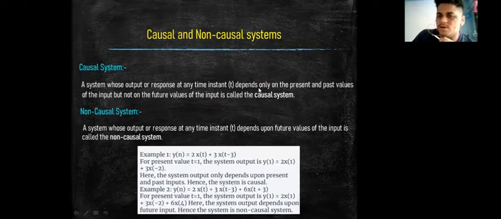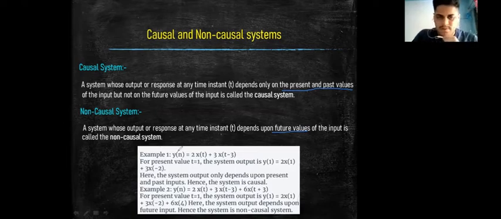So for reference, let's write this down: it depends on the present and the past values. Then a non-causal system is a system whose output or response at any time instant t depends upon future values of the input. So in non-causal, the output or response at time t depends on future values, but in causal, it depends on the present and past values.